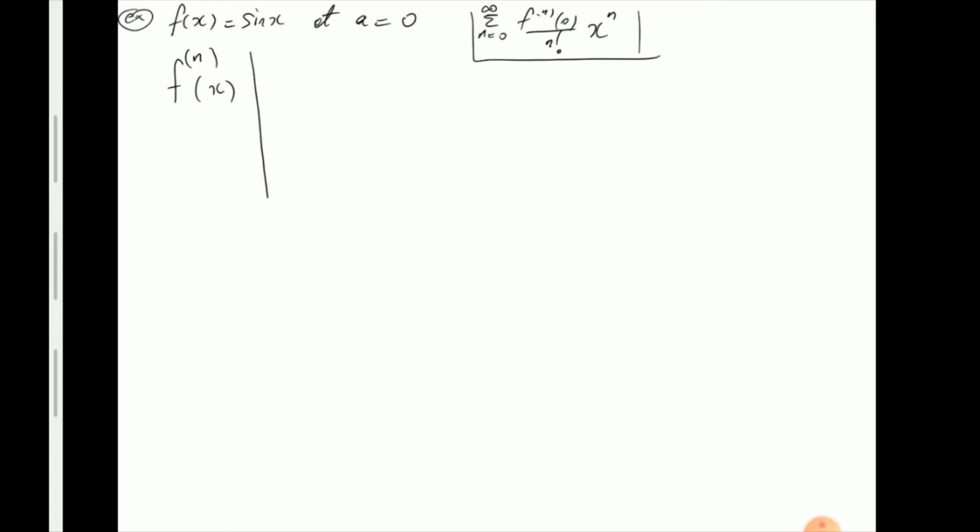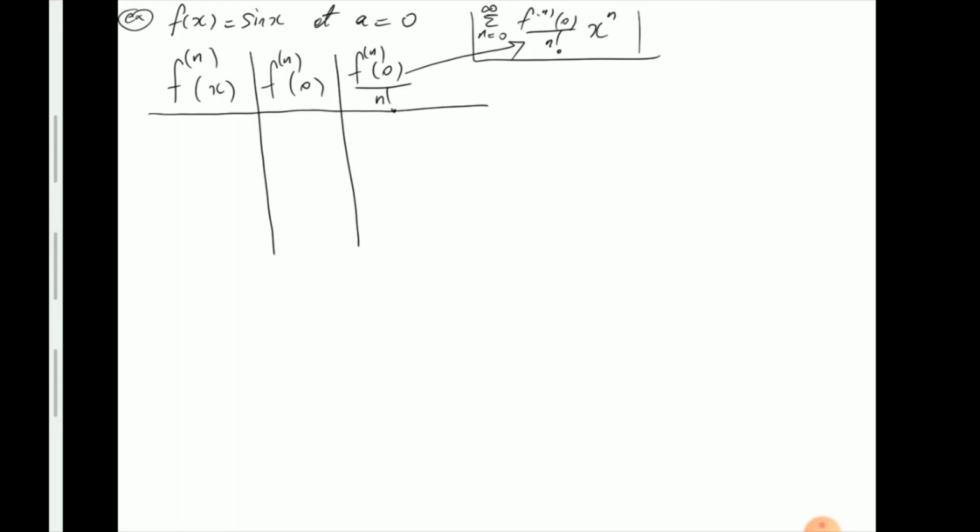And then in the next column, you're going to have the derivative evaluated at a, which is 0 in my case. And then the actual coefficient, the nth derivative at 0 over n factorial. Because once you compute that, then you can plug it into the summation and you're done.